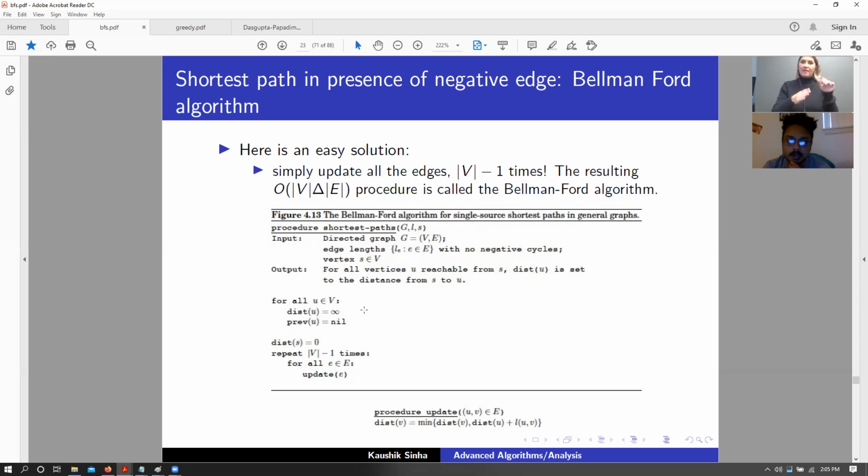Okay, so Bellman-Ford works similar to our previous algorithm, the Dijkstra algorithm, which also took care of graph weights or edge weights. But it additionally takes care of edges that can have negative weights.